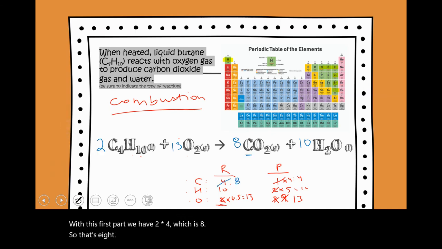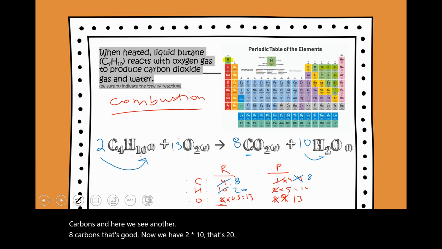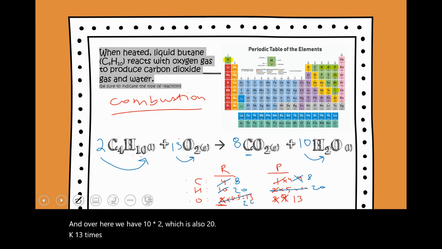And here we see another 8 carbons. That's good. Now we have 2 times 10. That's 20. And over here we have 10 times 2, which is also 20. Okay, 13 times 2. That's 26.